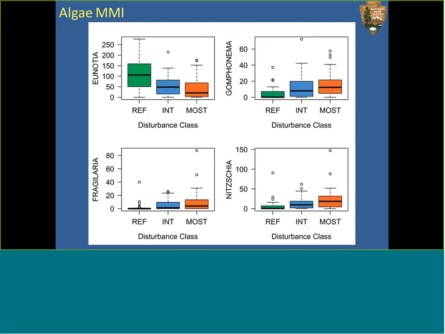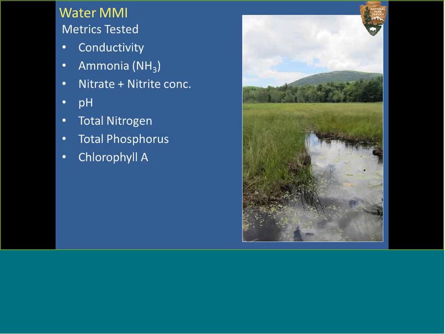So it was difficult to find genera that distinguished between disturbed and reference sites and also didn't have a strong latitudinal or longitudinal gradient. Over smaller areas like maybe northern New England, I could definitely see potential in the data for an algae MMI, but for the area I considered, it was just too big, and the algae MMI was difficult to build, and as you'll see, one of the weaker performers.